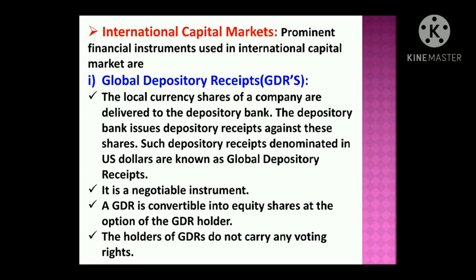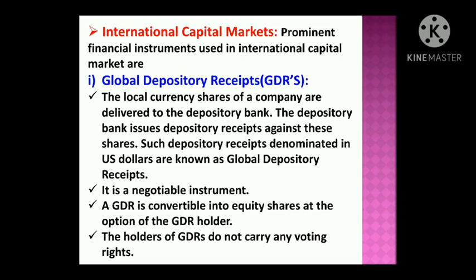That means a holder of GDR can at any time convert it into the number of shares it represents. Besides, the holders of GDRs do not carry any voting rights. They get voting rights only after converting their GDRs into equity shares. So these are the main features of Global Depository Receipts.